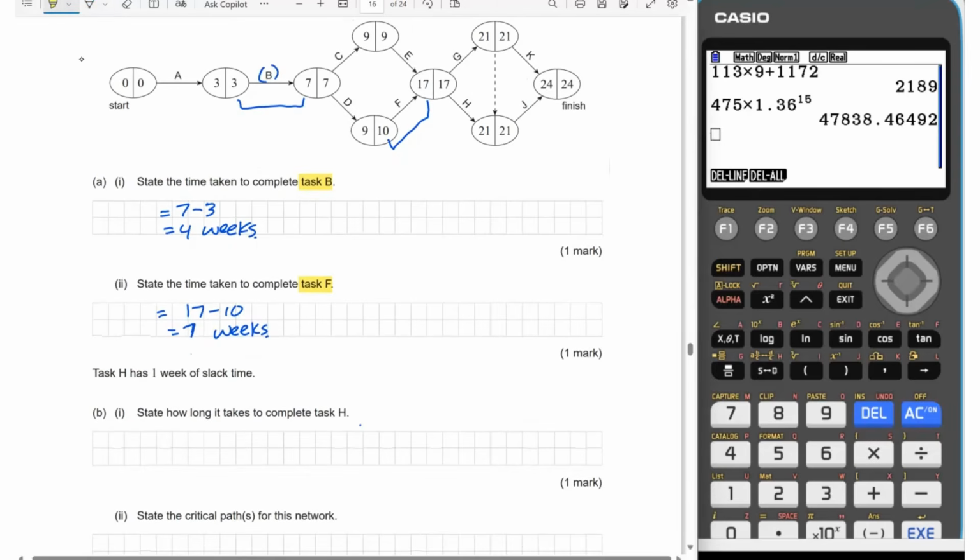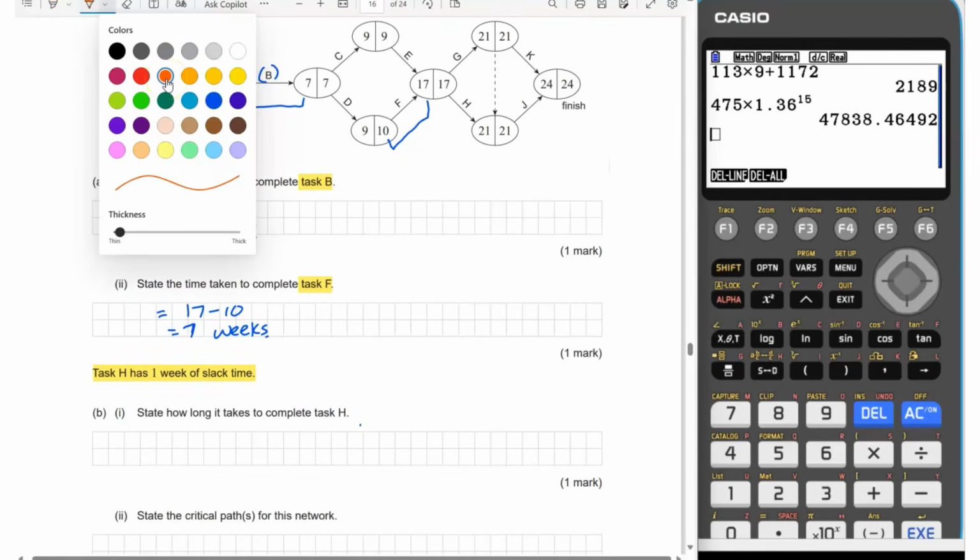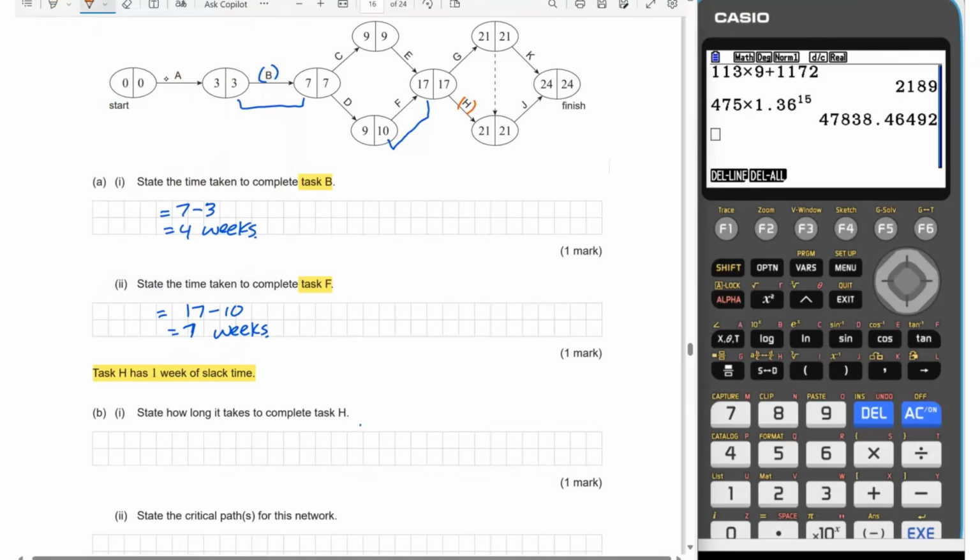Now, hidden here in this line is something that's quite important. We're saying that task H has 1 week of slack time. So over in task H, it means that this 17 that we're looking at is the latest start time for task G, but not H. So on this network, we've got to add an extra week to the latest start time for H, so we'll put an 18 there.